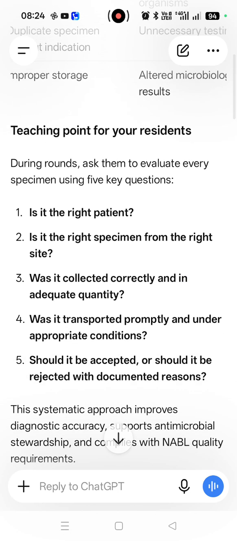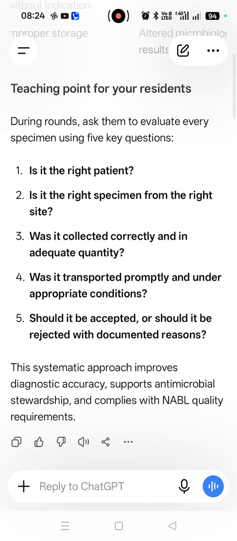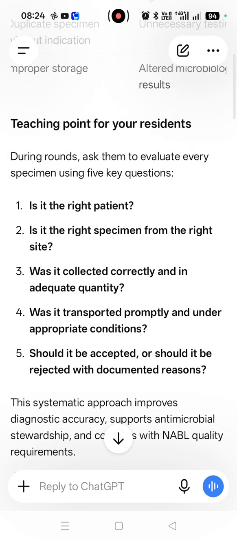So a teaching point for residents here can be, during the round we should ask about the specimen using these 5 keys, that is the patient, is it the right patient, is it the right specimen from the right side.